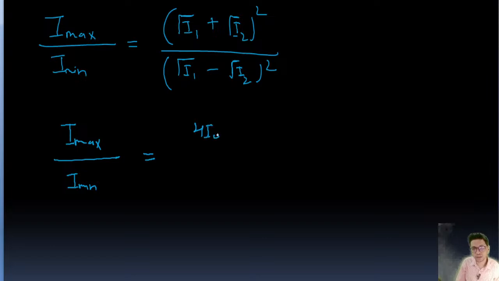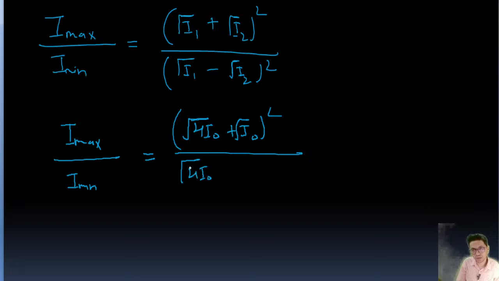So this is root 4 I naught plus root I naught, whole square, upon root 4 I naught minus root I naught, whole square, right? We'll solve it. I naught will get cancelled. So root 4 is 2 and this one is 1, so this is 3 upon... 2 plus 1 is 3, my apologies.